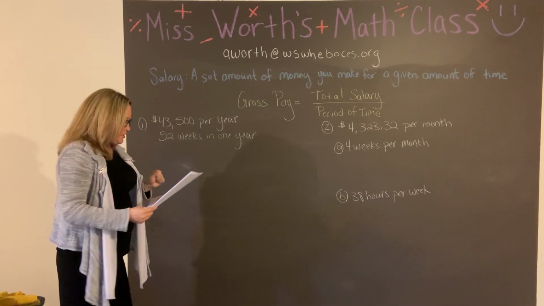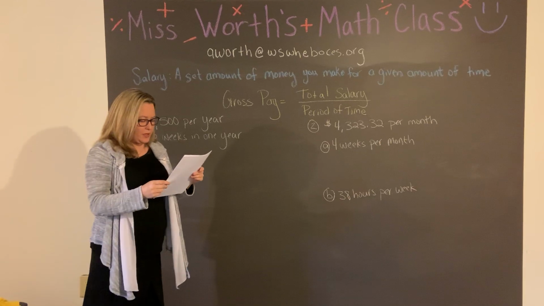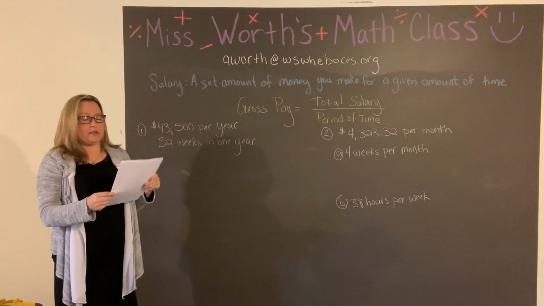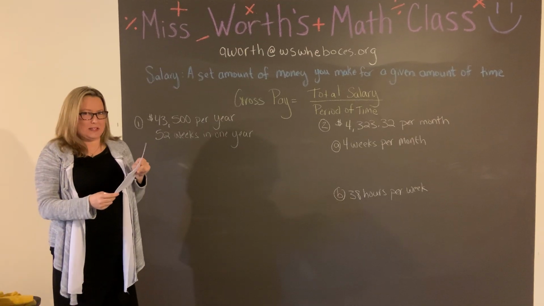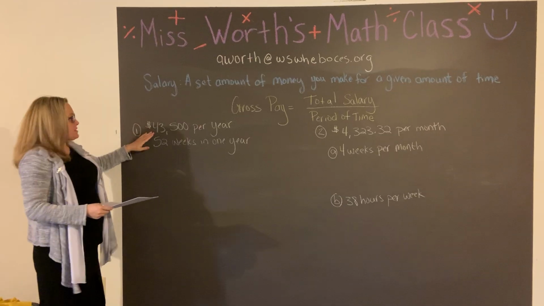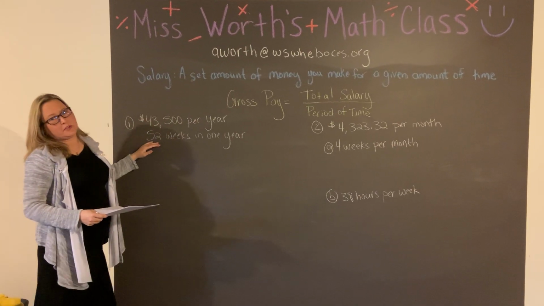You got it. So, if we look at the first example, it says, suppose you were salaried at $43,500 a year. Calculate your weekly gross pay considering 52 weeks in a year. I guess I was right. So we're getting paid this much per year, and this is how many weeks are in a year.